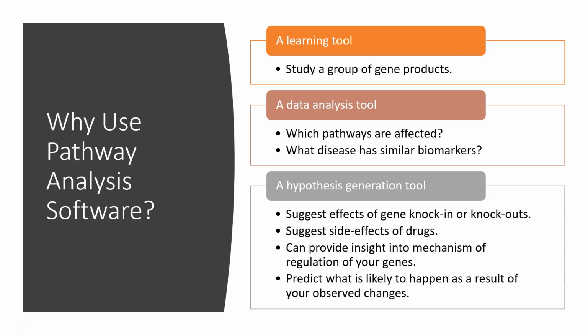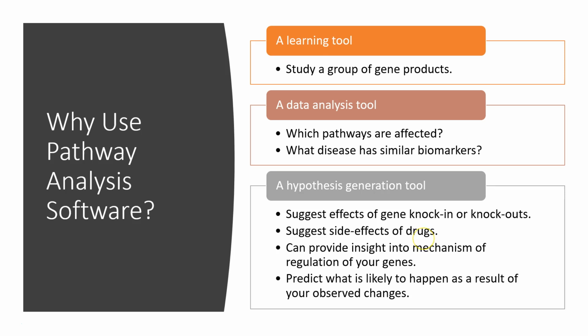They can predict possible side effects of drugs based on what networks and what big macro systems are getting affected in response to your drug treatment. They can help us provide insight into the mechanism of regulation for genes of interest. And it can also give us some predictive ability to predict what can happen as a result of our observed changes.